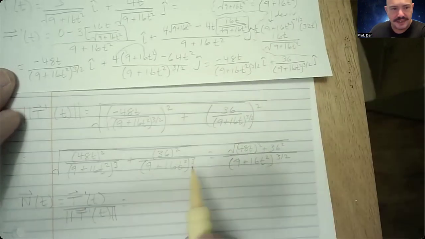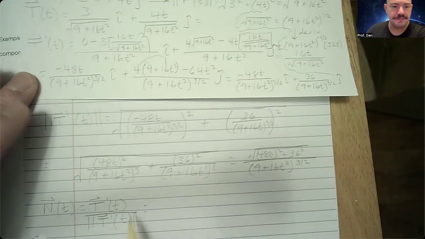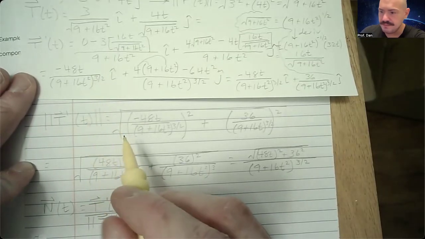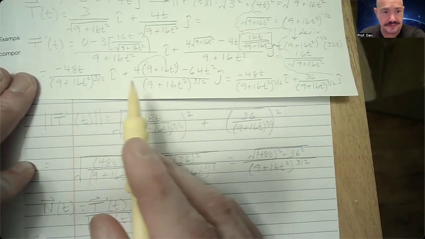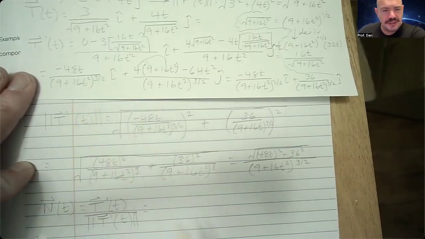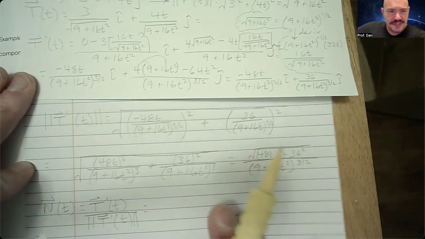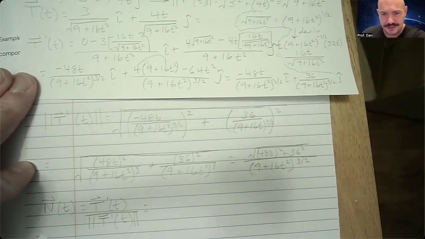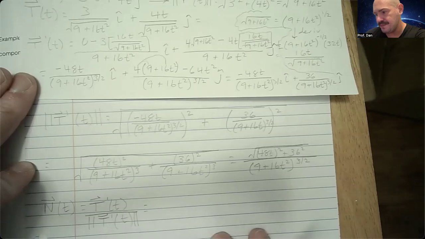When we go back to write our principal unit normal vector, yep, there we go. We're going to end up having some stuff happen that makes this a little less gross when we look at the final product, especially keeping in mind that we're going to have to plug in a 1 at some point.